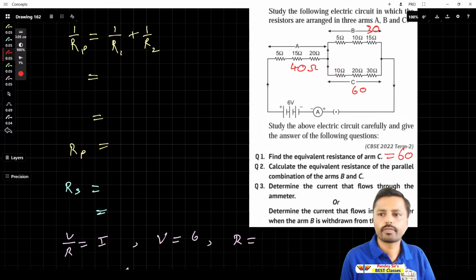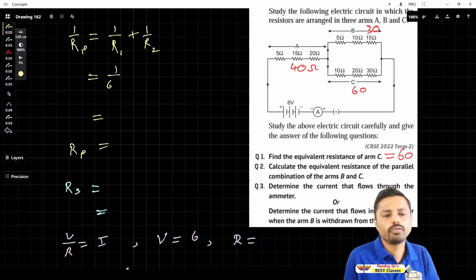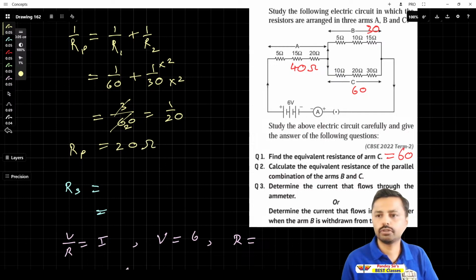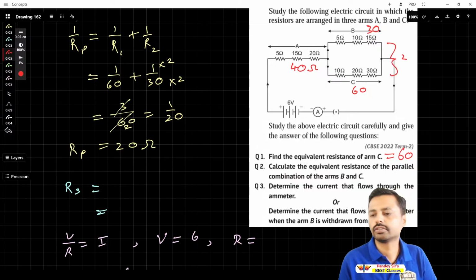Now let's add them. 1 by 60 plus 1 by 30, that's 3 by 60, which gives 1 by 20, and the reciprocal will be 20 ohm. So this whole is 20 ohm. That's the difference.